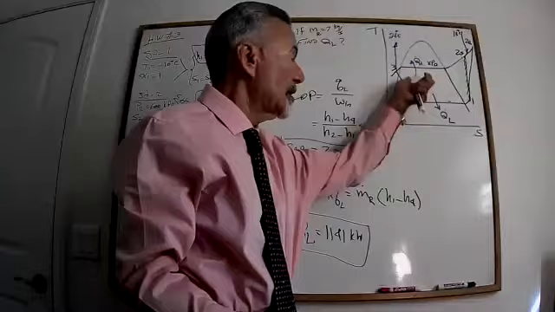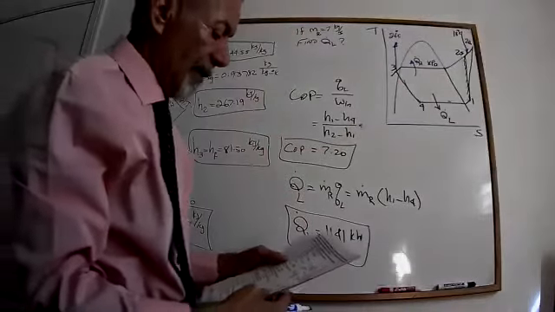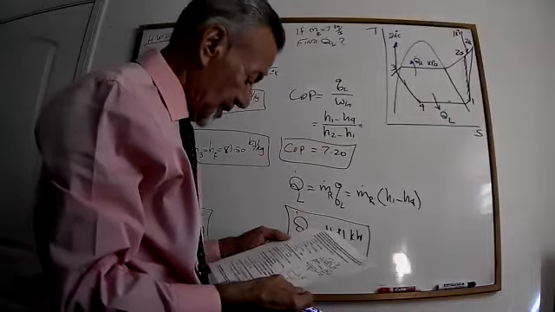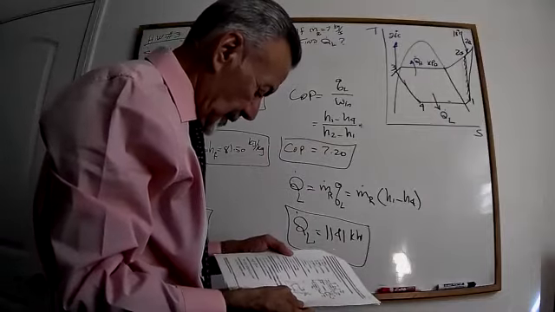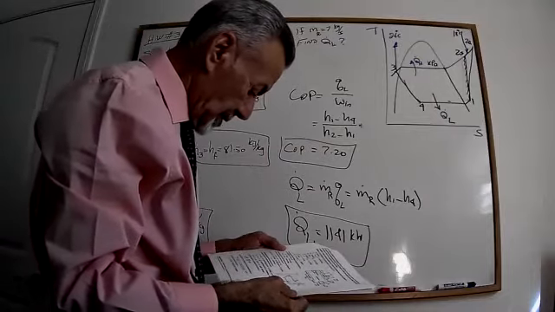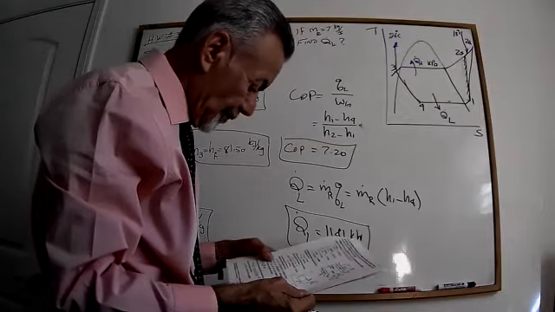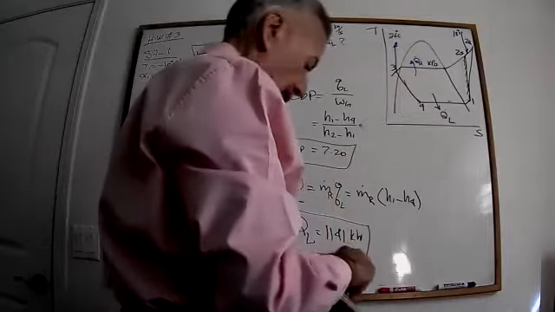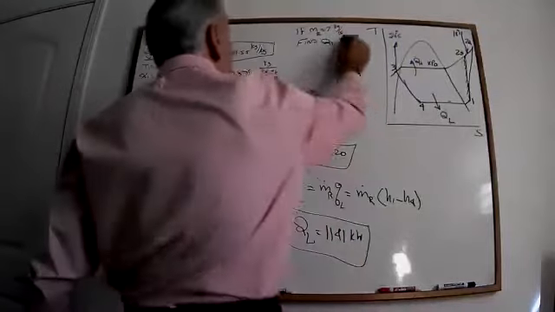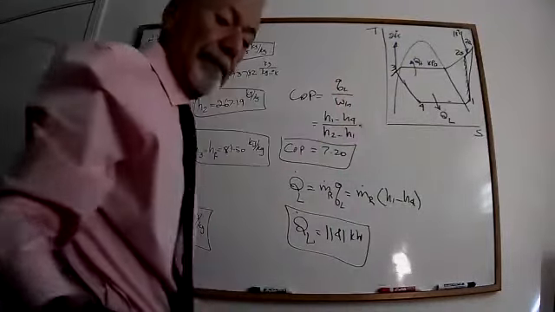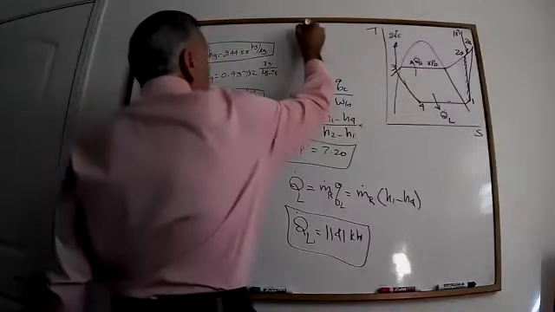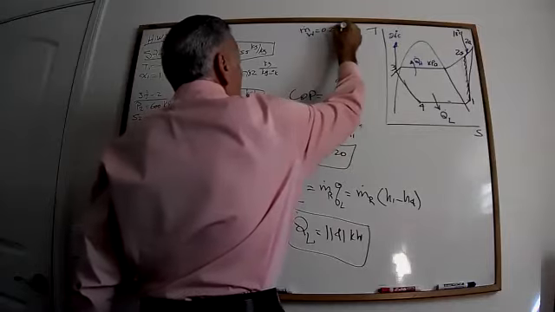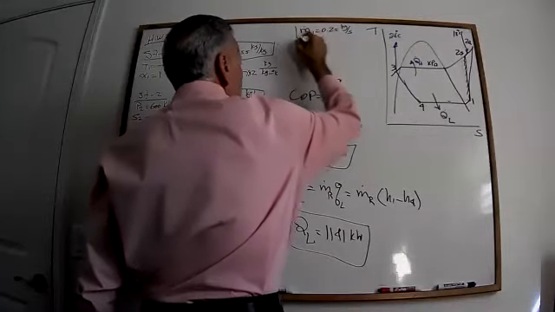That's how we remove the heat from the cycle. And the mass of water is given, let's see, to be 0.25 kilogram per second.